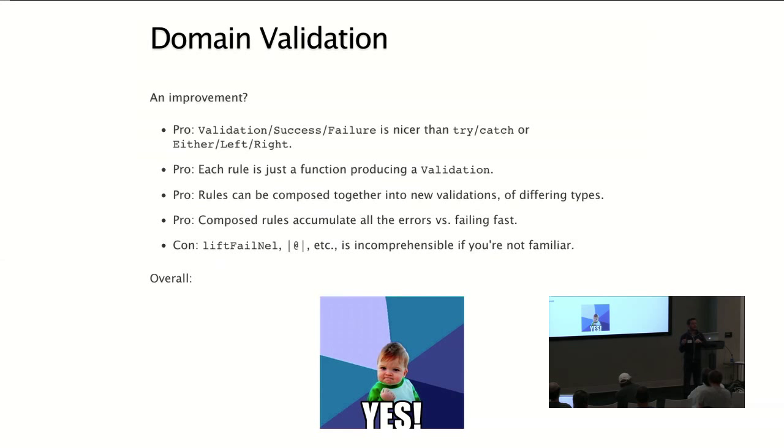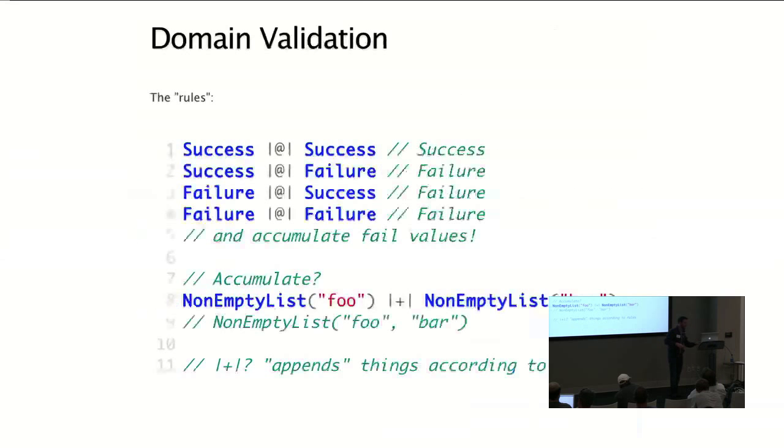LiftFailKnell is specific to validation, and it is used in validation because, back to this slide, in the code for validation it combines two of them. So the Akbar operator delegates into validation under the hood. In the failure case, validation's definition is that I'm going to try and add failures together somehow.